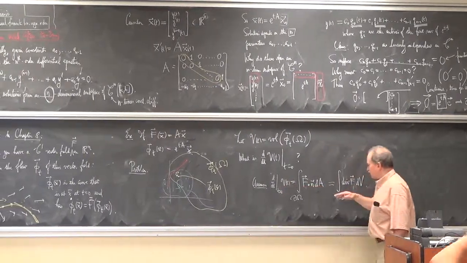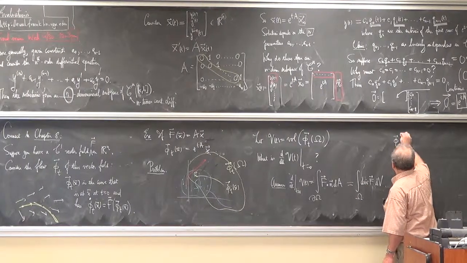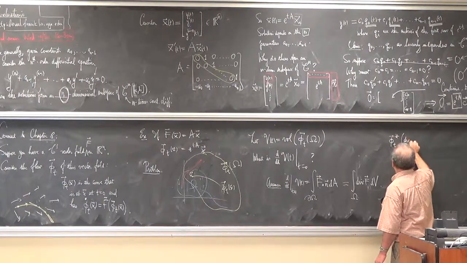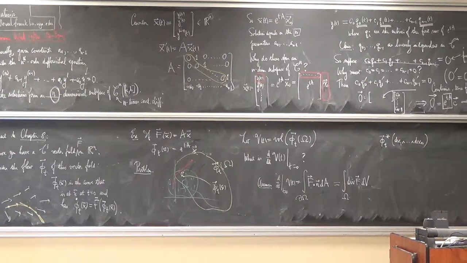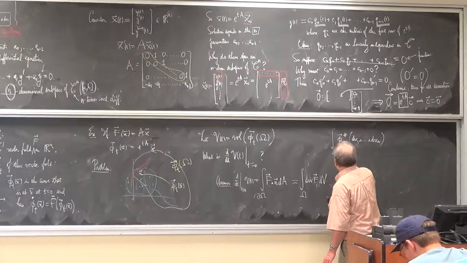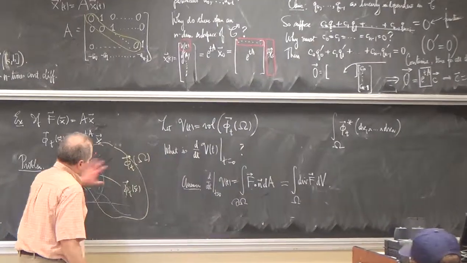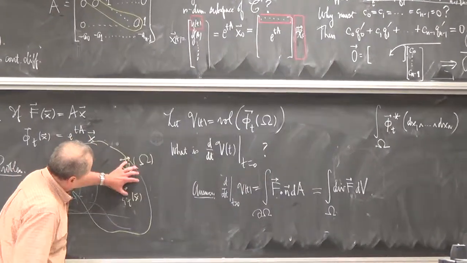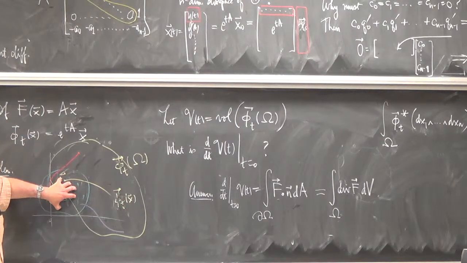It's based on basically just saying, pull back the volume form, integrate over omega. This is what, if you flow for time t, pull back the volume form from this object, that's integrating the pullback here, that's the change of variables theorem.